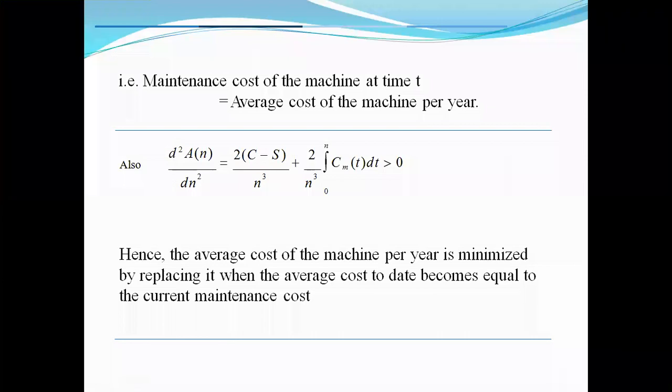Hence, upon the time basis, the average cost of the machine per year is minimized by replacing it when the average cost to date becomes equal to the current maintenance cost.